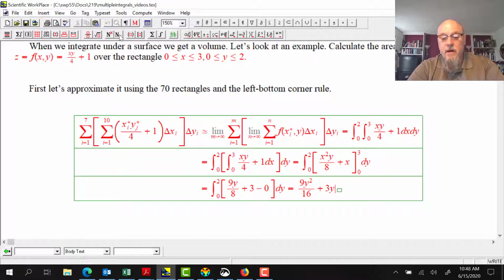Sub in the top minus sub in the bottom. The y's go from 0 to 2. So sub in the 2, so that's going to be 4. So that's 9 over 4 times 4, plus 6. Units cubed if we're thinking about it as a volume.